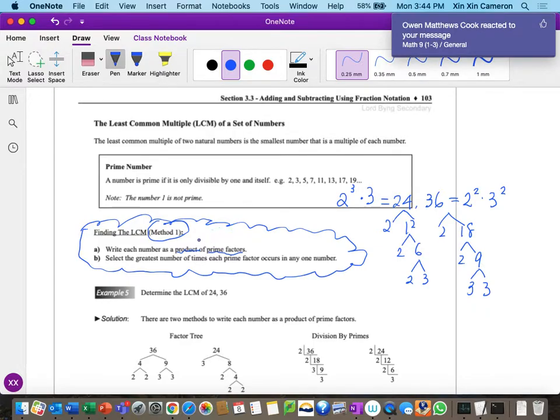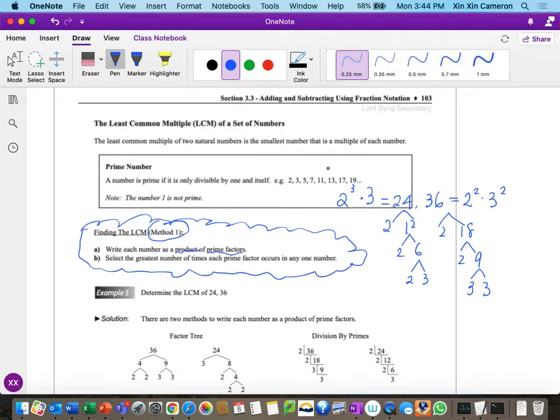The next step is to select the greatest number of times each prime factor occurs. Here, 2 occurs as 2 to the power of 3 versus 2 to the power of 2, so 2 to the power of 3 is selected. For the prime factor 3, this one is 3 to the power of 1 and this one is 3 to the power of 2, so 3 to the power of 2 is selected.